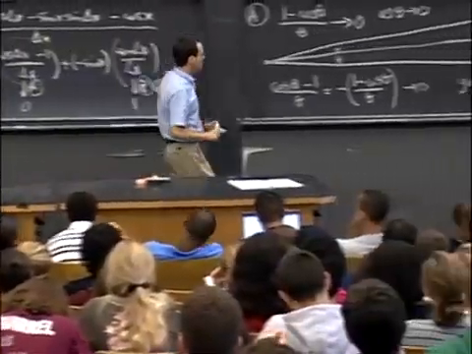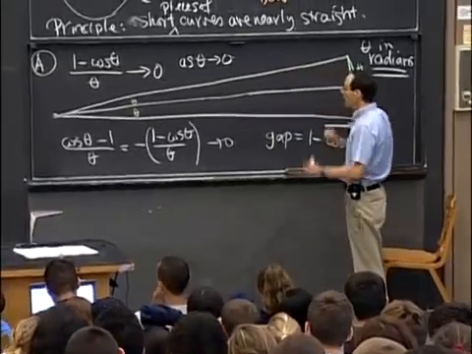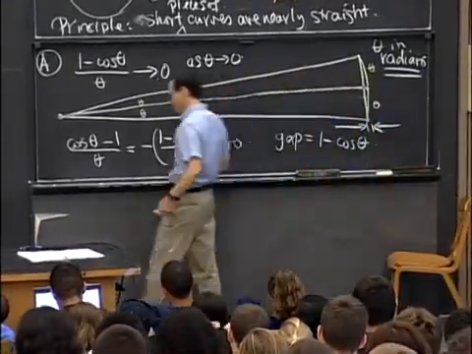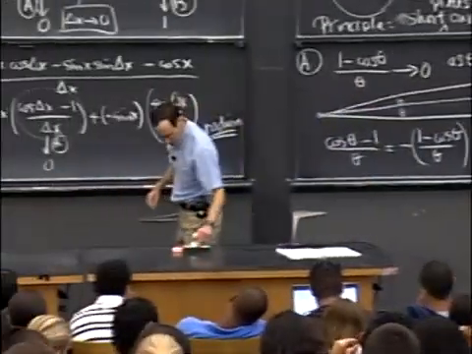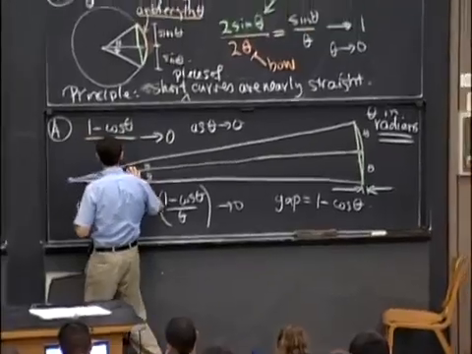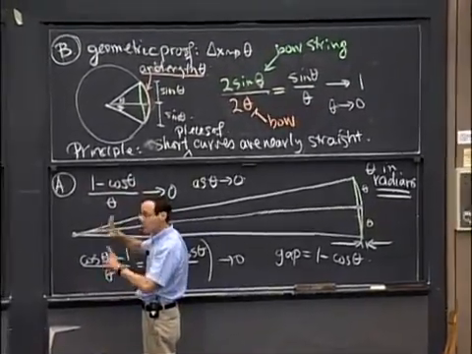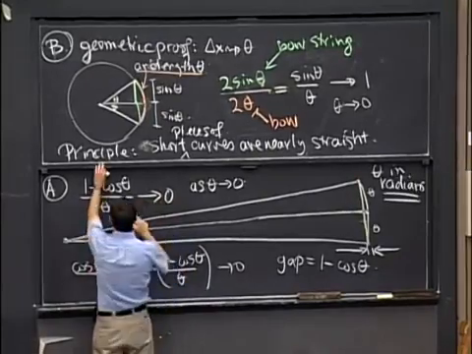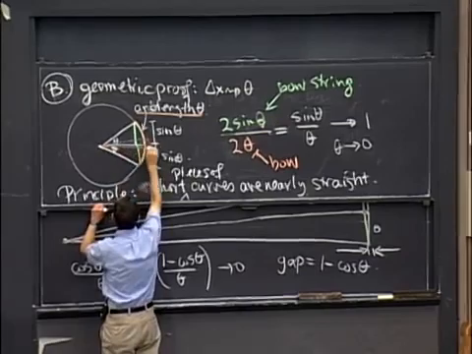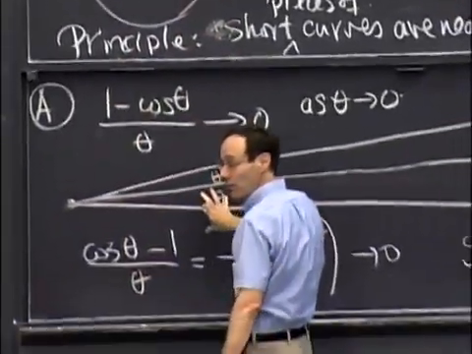Okay, so the second question is, why is this crazy length here 1? The reason is that the relationship between this picture up here and this picture down here is that I'm drawing a different shape. Namely, what I'm really imagining here is a much, much smaller theta, and then I'm blowing that up in scale.